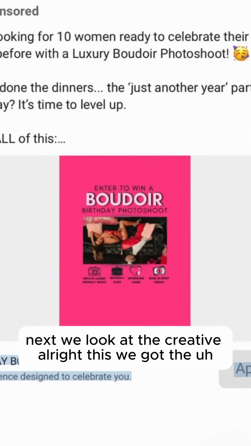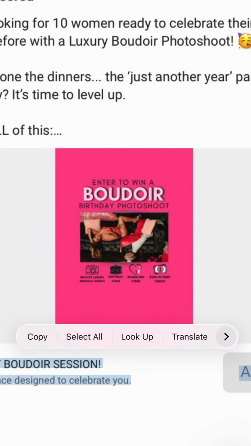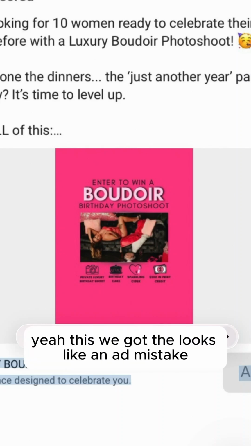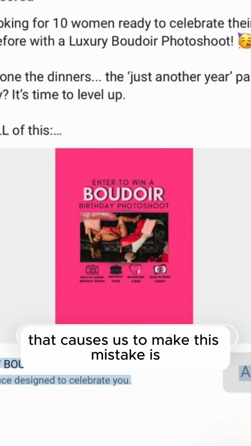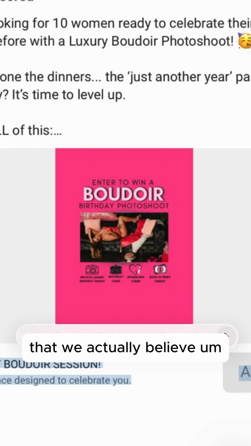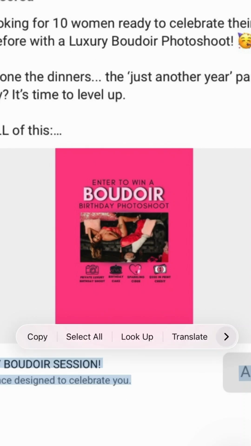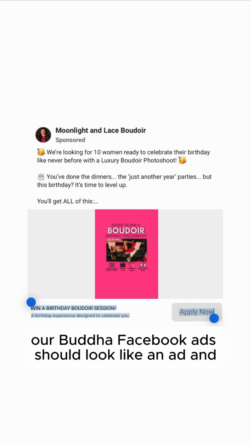Next, we look at the creative. This looks like an ad mistake. The false belief that causes us to make this mistake is that we actually believe our Boudoir Facebook ad should look like an ad.